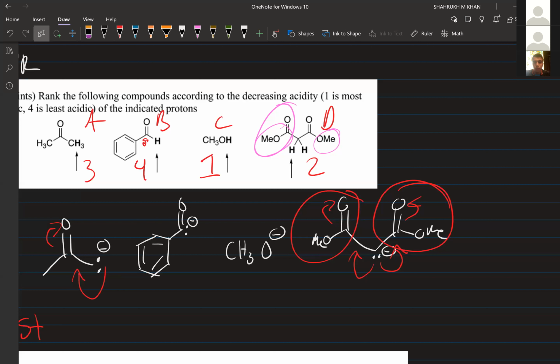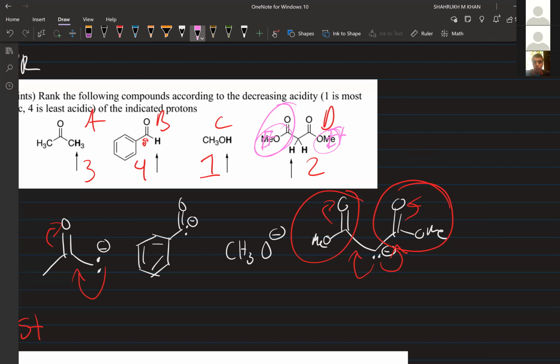Diethyl malonate. Sorry, no, I need dimethyl malonate, but that should be the same. I don't have a pKa for that. Diethyl malonate has a pKa of 14 and methanol is like 15 or something like that. So technically it is more acidic, but that would just make this one similar too. So yeah, confirm this with your professor.